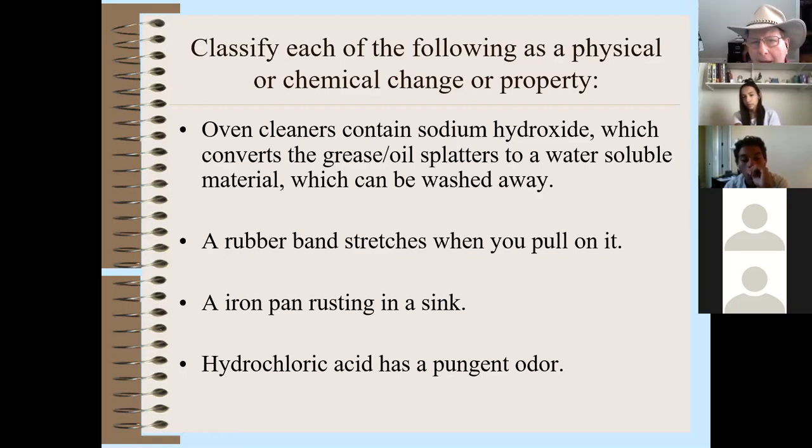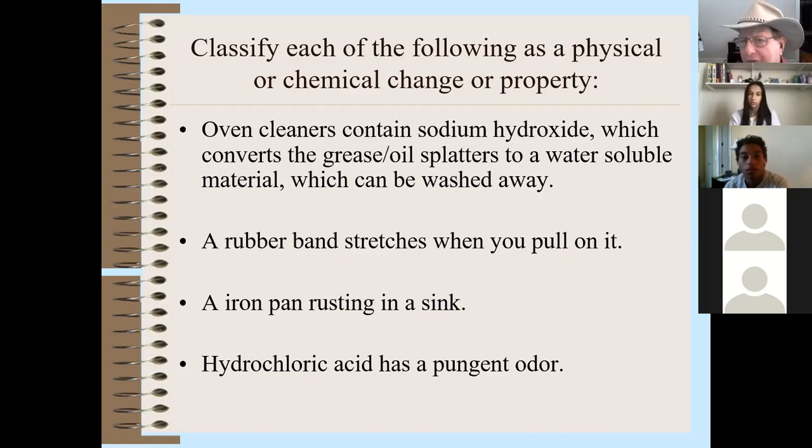A rubber band stretches when you pull on it. Has it happened yet? Yes. No. When you pull on it. Again, we're talking semantics here. It doesn't specifically say, I pulled on a rubber band and it stretched. You understand the semantic difference here?